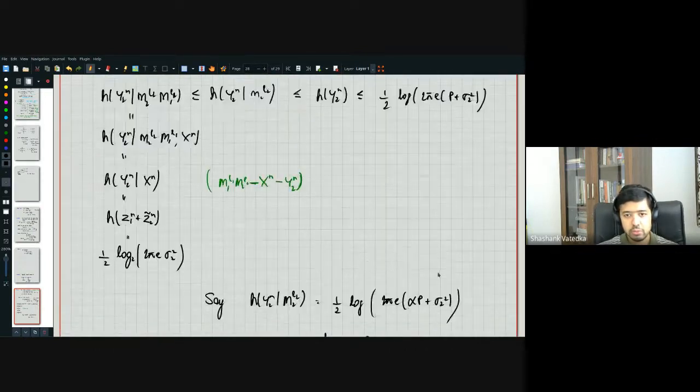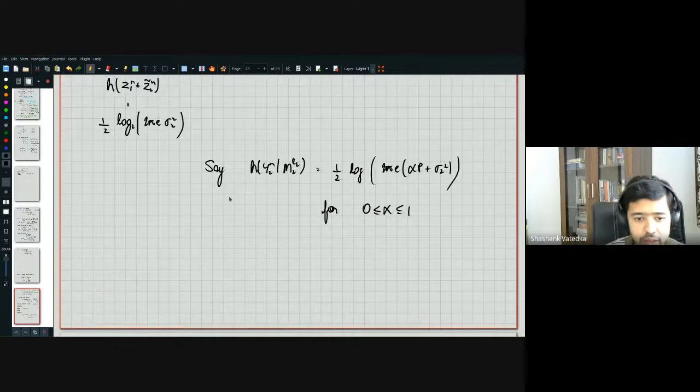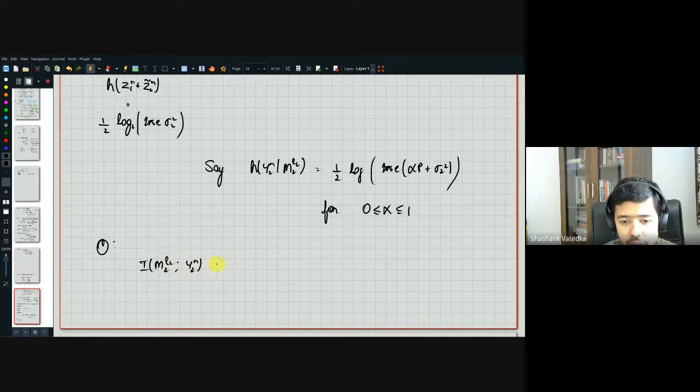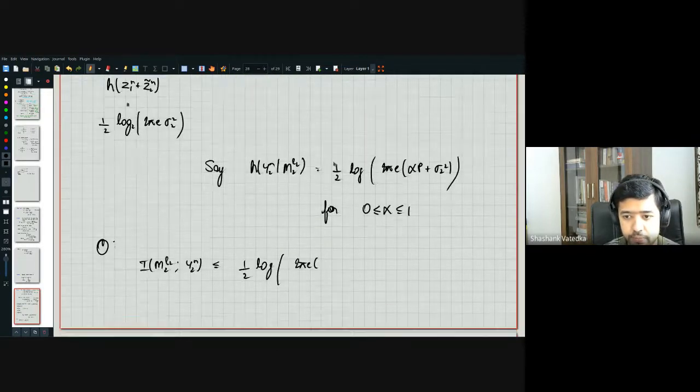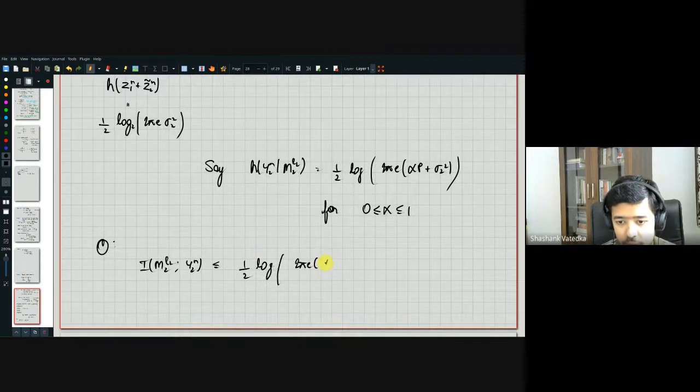Since this is between this and this, you can always find an alpha between 0 and 1 such that h of y2 given m2 is equal to half log 2 pi e times alpha p plus sigma 2 square. Okay, so now if I plug this back in equation 1, I'll get that the mutual information between m2 and y2n is less than or equal to half log 2 pi e times p plus sigma 2 square minus this quantity.